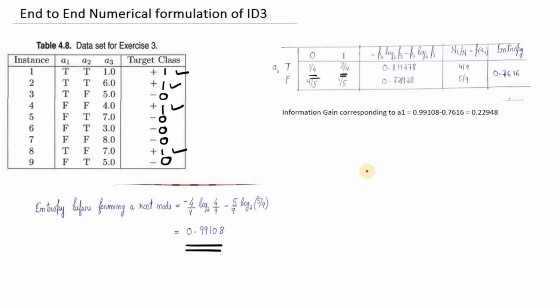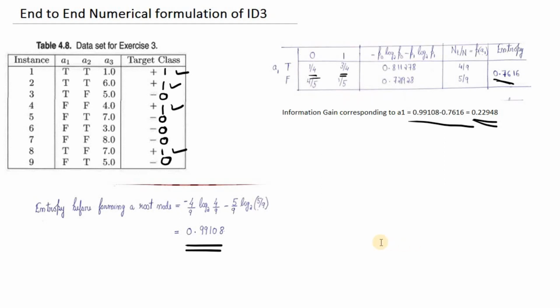And we get the weighted entropy as 0.76 over here, and the information gain, if we have to calculate, we will consider the entropy of the root node which we calculated over here. We deduct the entropy corresponding to A1, which is the weighted entropy, and we were able to find the information gain corresponding to A1 to be 0.22948.